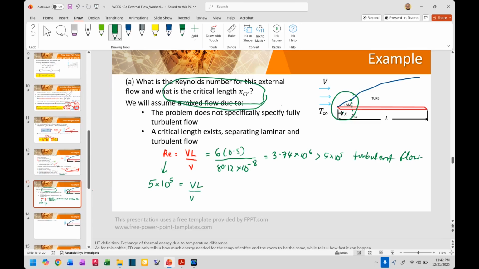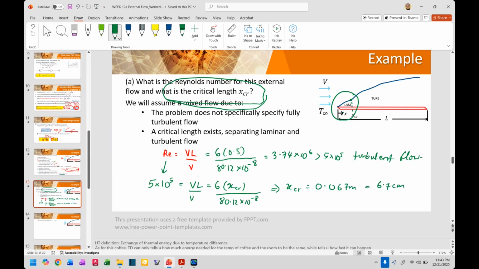So this is going to be 6 times the critical length. Now we don't know what the critical length is, right? So we cannot simply put 0.5. This is x critical divided by the same kinematic viscosity, right? So from here, we will get the critical length to be 0.067 meters. That will be equivalent to 6.7 centimeters.